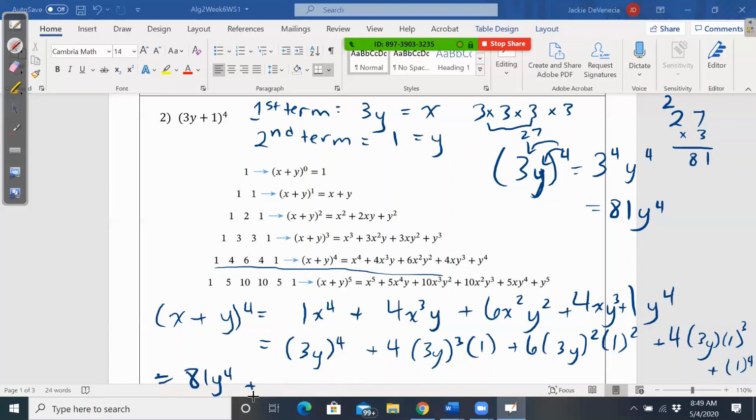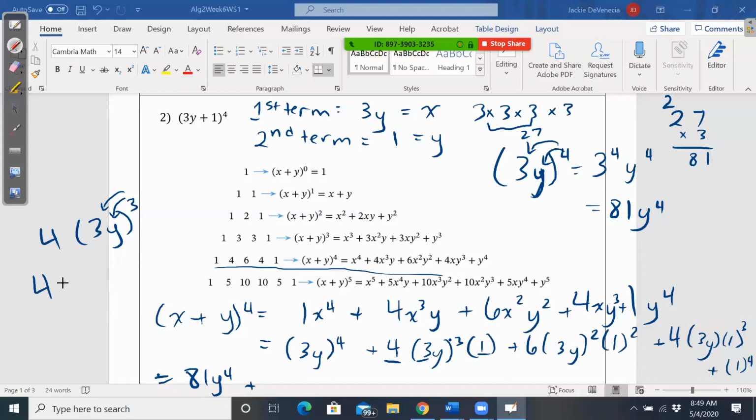Then right over here, I want to combine these guys, but remember there's an exponent of 3. So you're doing 4 times 3y to the 3rd. 1 times anything is itself, and I want to distribute this first.